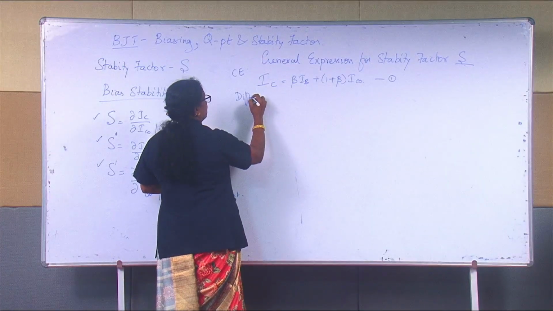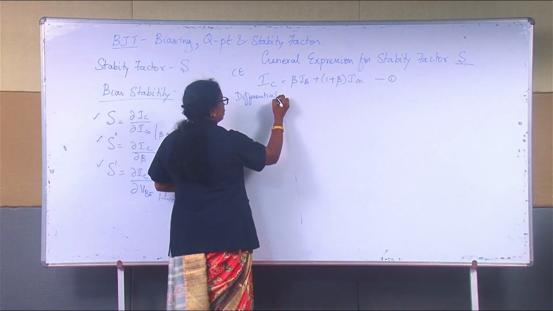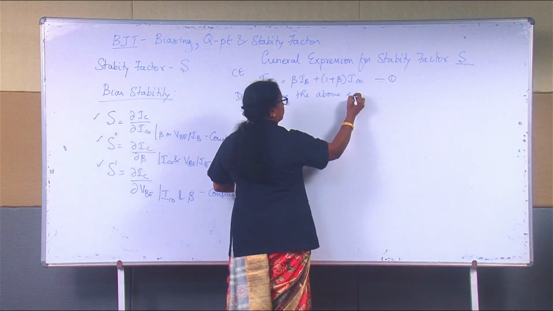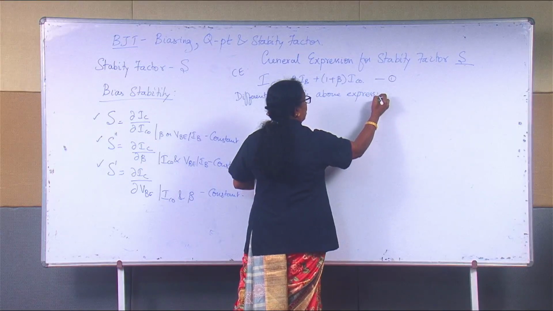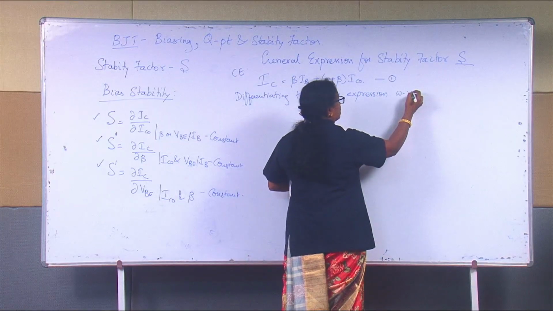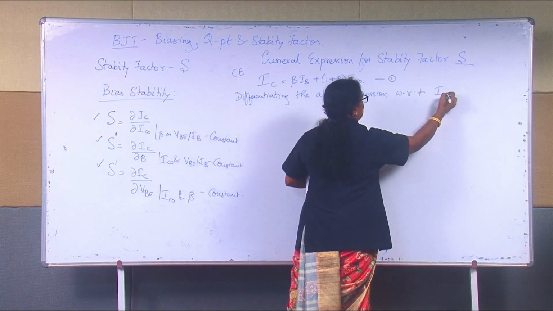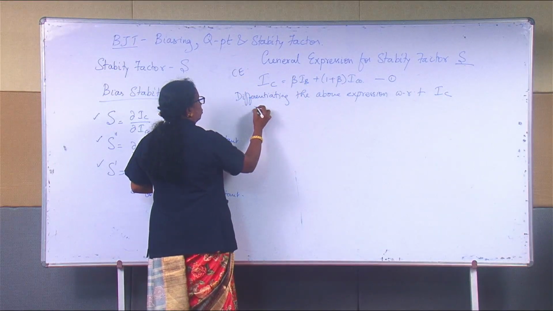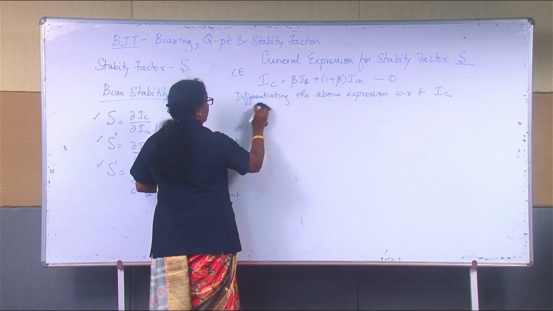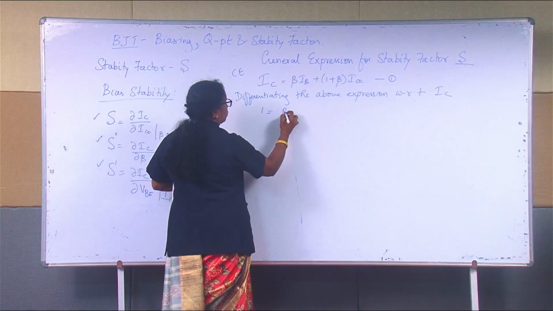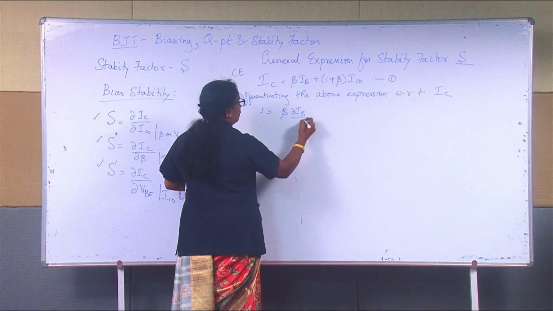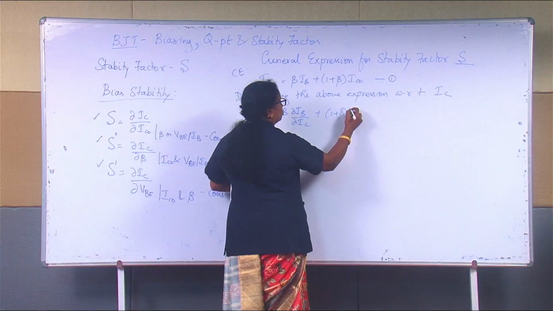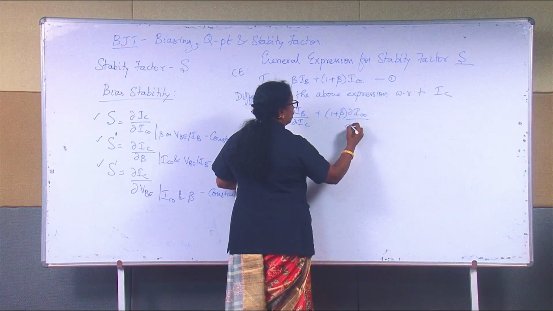So differentiating the above expression with respect to IC, we get 1, that is equal to beta into dou IB by dou IC plus (1 plus beta) into dou ICO by dou IC.